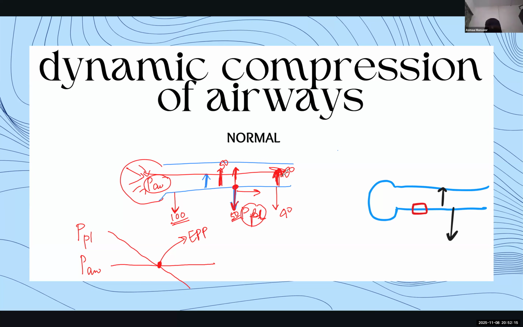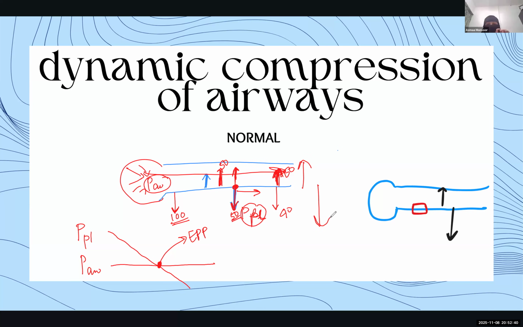Okay, this is normal. So what I want you to know from here is that there is something called the equal pressure point. The equal pressure point is the place where the inward or occluding or lung recoil pressure, the pressure that tries to collapse the bronchi, and the pressure that is trying to keep the bronchi patent or open, both cancel each other.